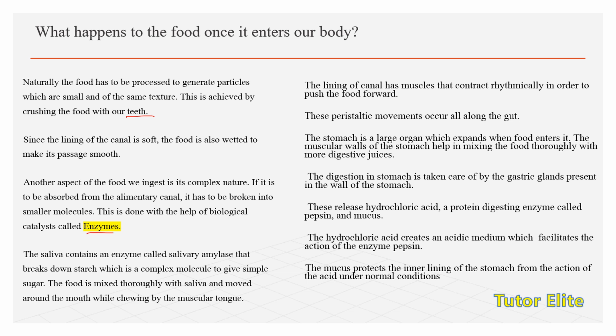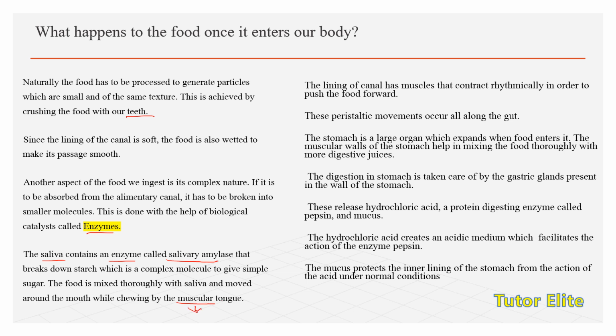As I said, the saliva contains an enzyme called salivary amylase. Salivary amylase, present in the mouth, breaks down starch, which is a complex molecule, to give simple sugar. The food is mixed thoroughly with saliva and moved around the mouth while chewing by the muscular tongue.